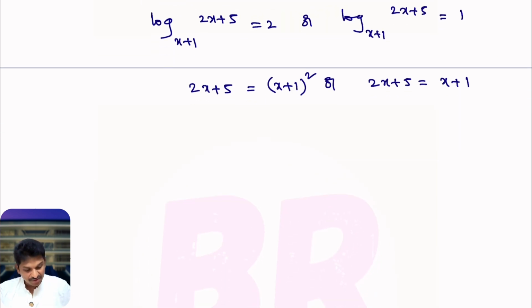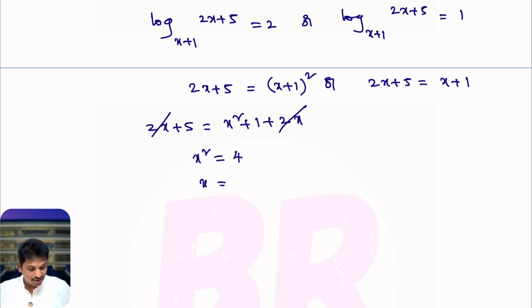Simplify this: 2x plus 5 equal to x square plus 1 plus 2x. You see this 2x will get cancelled. You will get x square equal to 4, x equal to plus or minus 2. From the other, 2x minus x, that is x equal to 1 minus 5, which is minus 4. So you got x equal to 2, minus 2, minus 4.